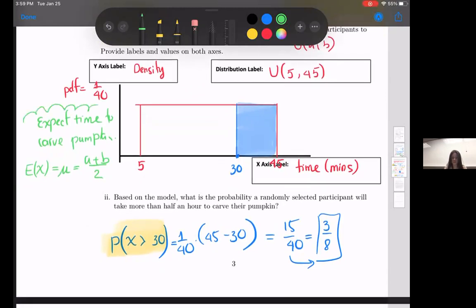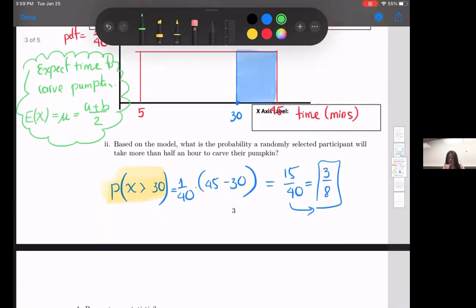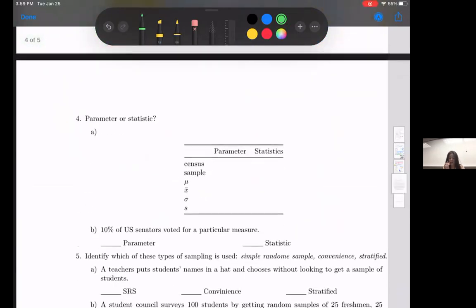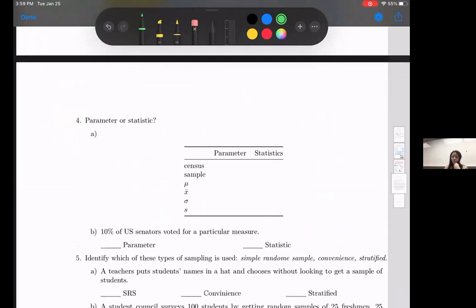So this is just a little sideway. Okay, parameter or statistic? Census. What does it mean to say parameter? What does it mean to say statistic? A parameter describes the population, while a statistic describes the sample of the study. A parameter is the unit for population and a statistic is the unit for sample, right?